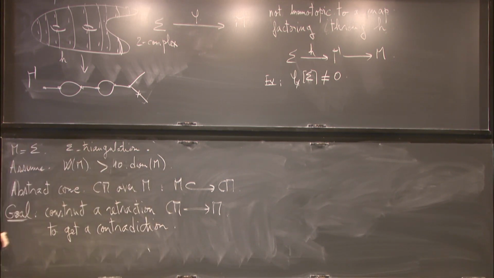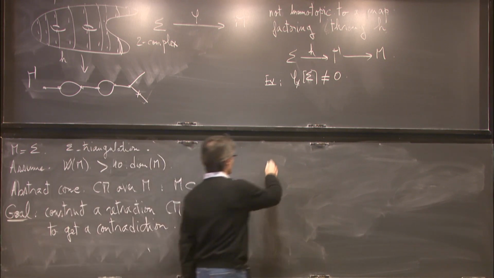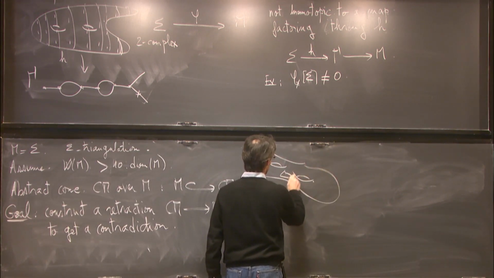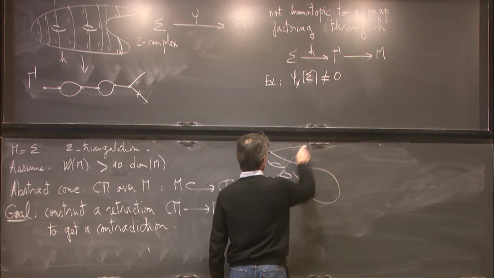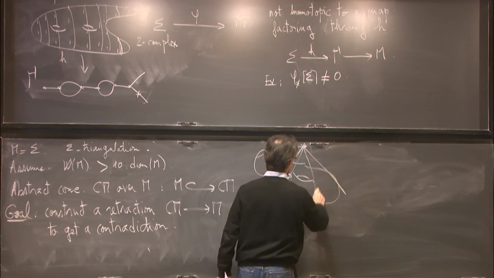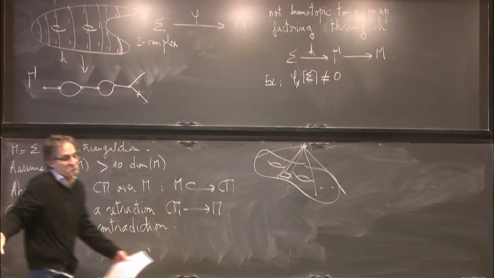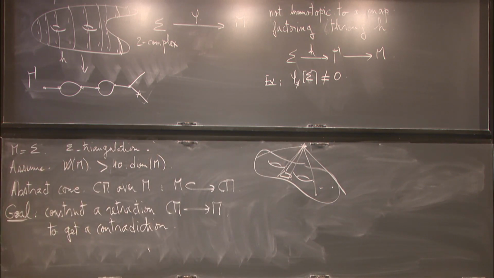Because we have a surface here, some sort of triangulation, and then you take a cone, and you want to retract the whole thing onto the surface, and that's impossible, so that would be our contradiction.